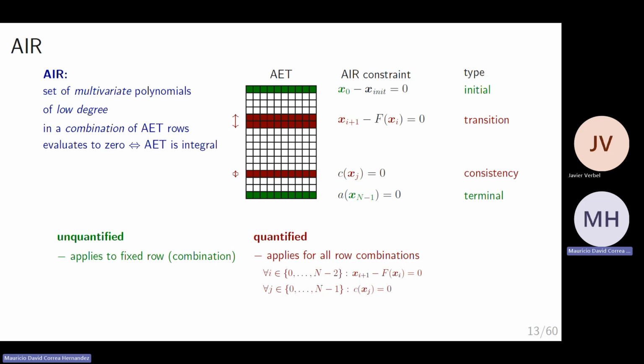In principle, you can extend this, but there's no reason to if your claim only pertains to the input and output of your computation. But the red constraints, the transition constraints and the consistency constraints, are supposed to apply to every row or every consecutive pair of rows, and so they are quantified.